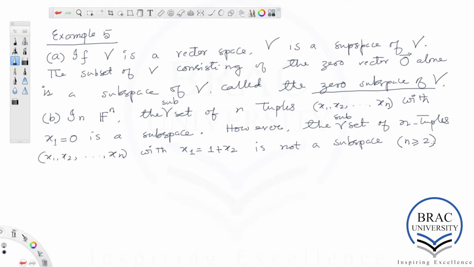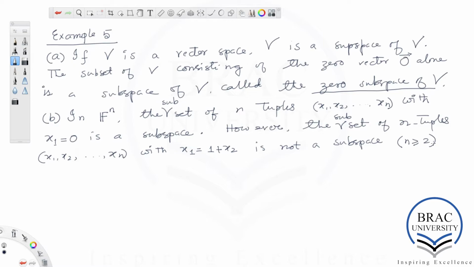You should be able to verify that at least one of the properties of vector space is not going to be satisfied if you take this subset. In particular, you can check that the closure of vector addition is not fulfilled if you choose x1 to be equal to 1 plus x2.